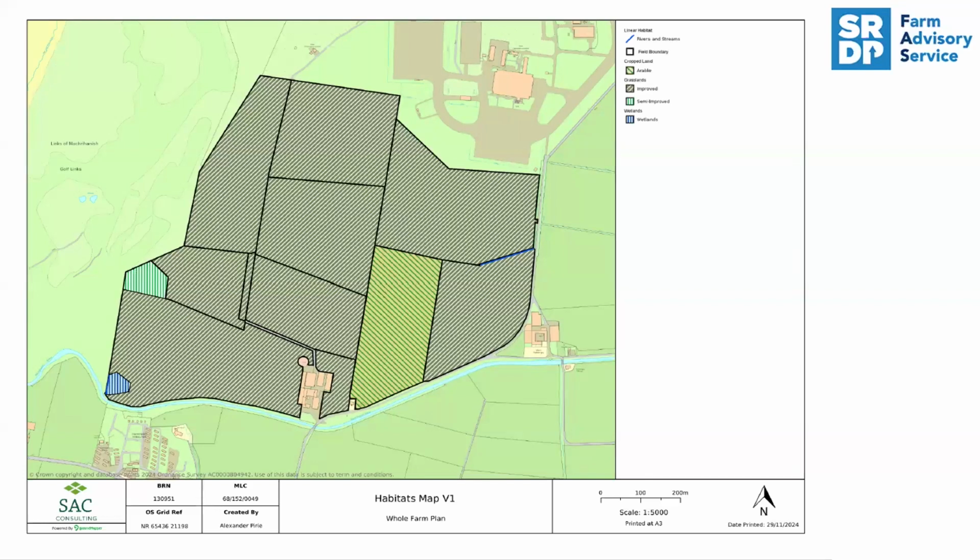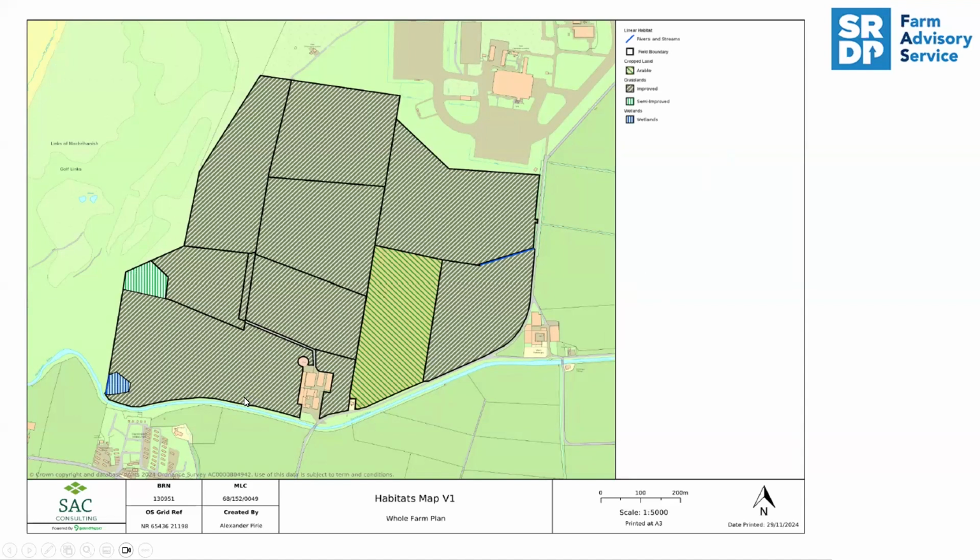Obviously, this is not on the ELPIS system, and it's not something that you'll be able to replicate yourself. We have our own in-house software for doing this. If anybody's interested in this, of course, you can seek consultant input. But this quite nicely shows the level of detail that's required for the purposes of the whole farm plan.